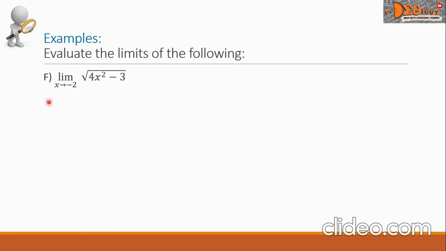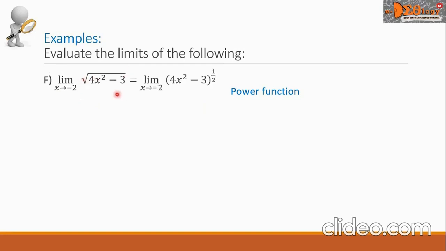Example F. The limit of the function the square root of the quantity 4x squared minus 3 as x approaches -2. This is an example of a power function. As you can see, the radical here can be expressed as a fractional exponent.